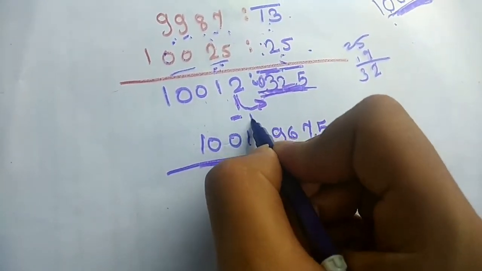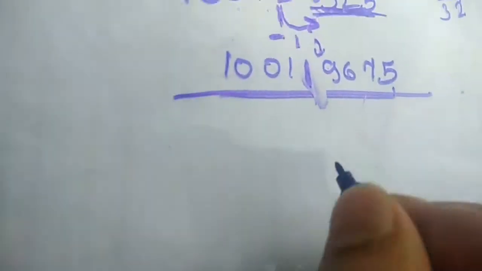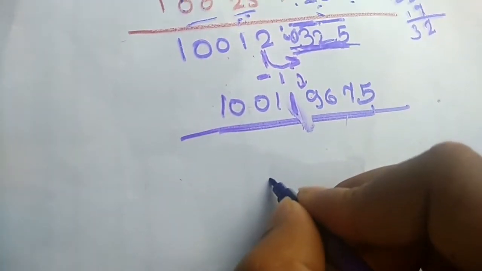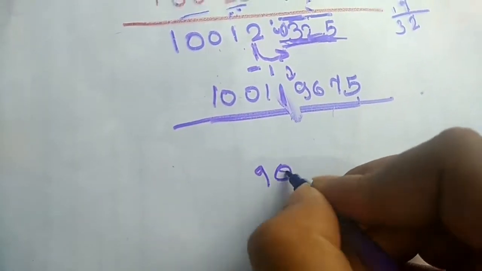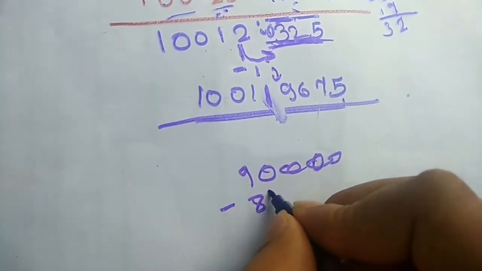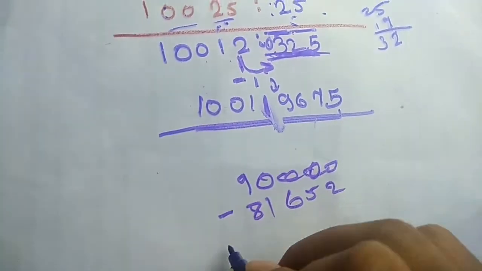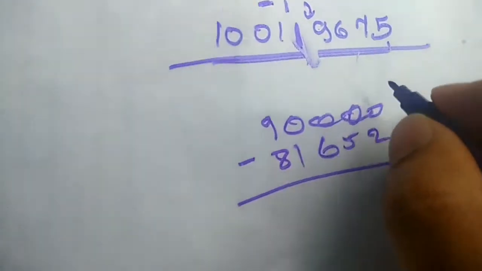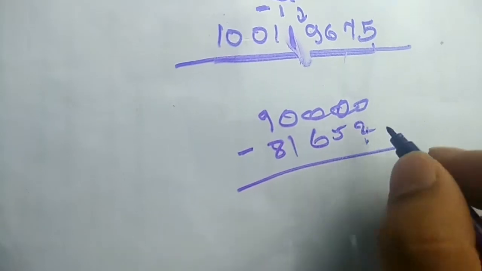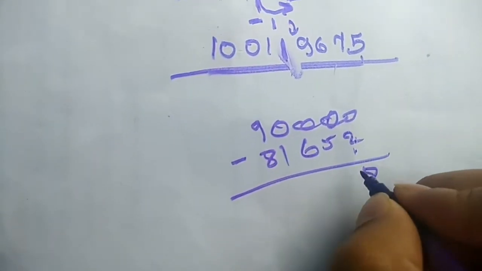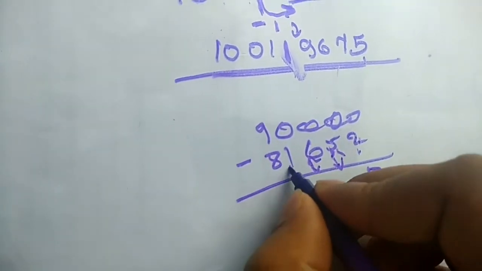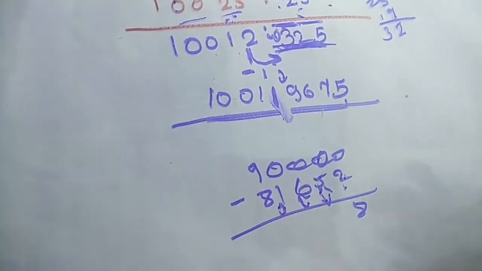So if we have a big calculation like 90000 minus 87652 or something like that, what do we do? Subtract 2 from 10, we will get 8, and complete it by subtracting the other figures from 9.